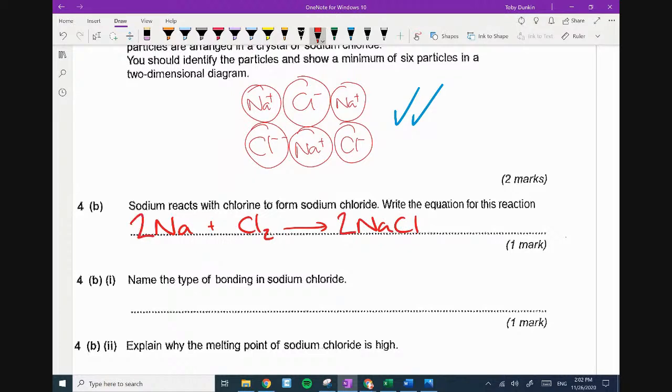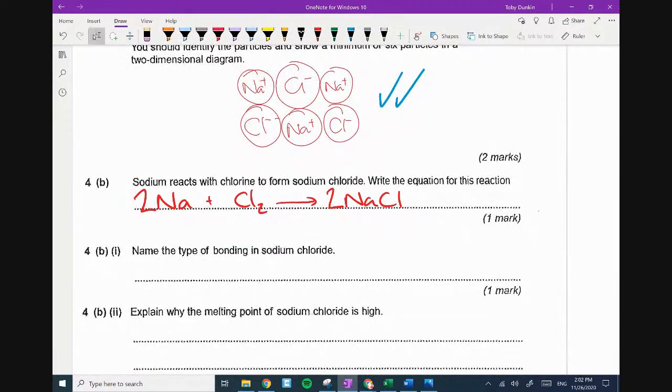There we go. Do we get the mark if we have balanced it? You have to balance it to get the mark. If you've forgotten to balance, you lose it.